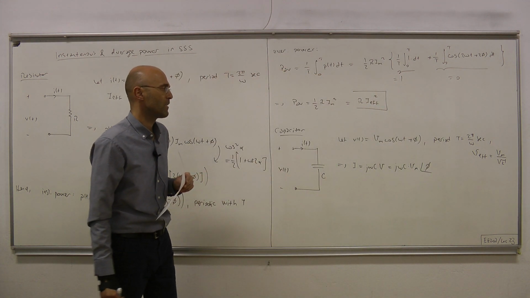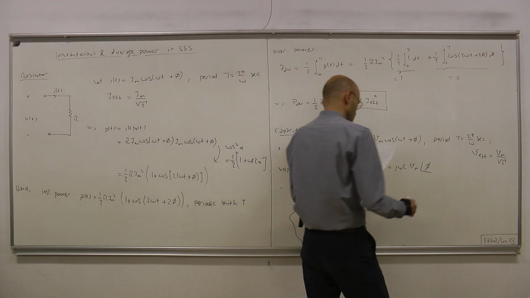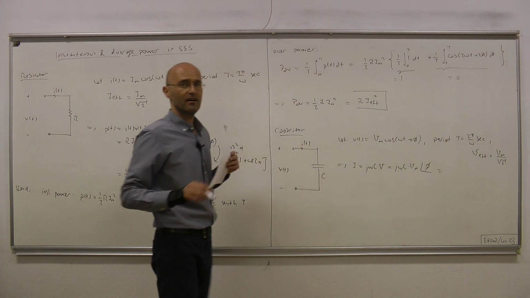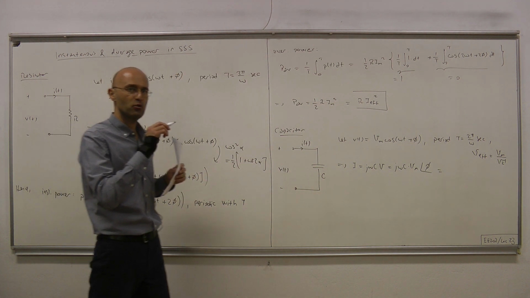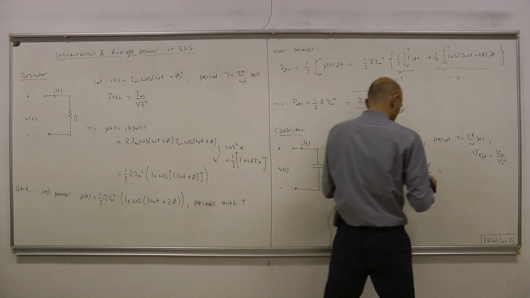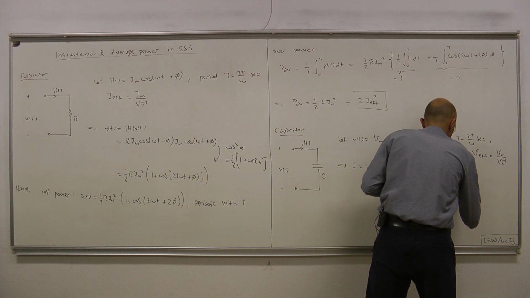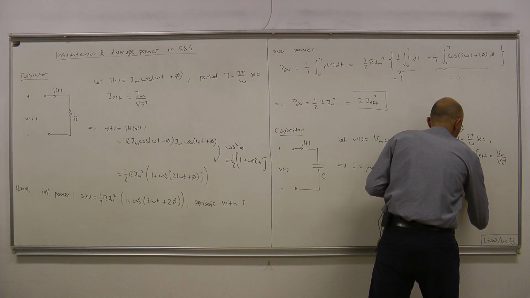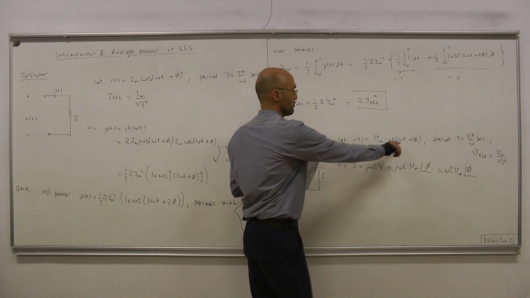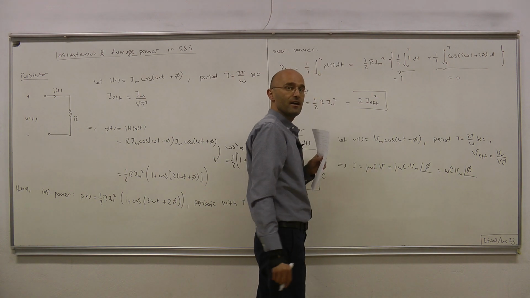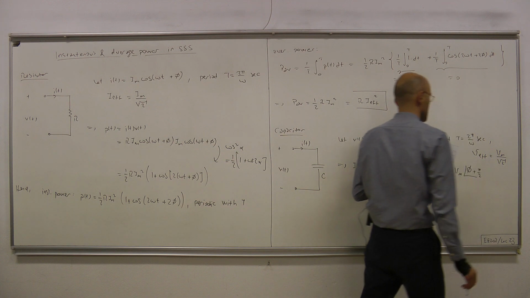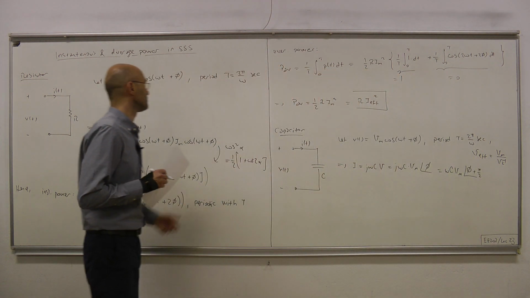Then this j can be written, in polar form, as a complex number with magnitude 1 and phase pi over 2. Therefore, the overall magnitude will be omega C Vm, and the phase is phi, the phase of the voltage, plus 90 degrees, or pi over 2 radians.